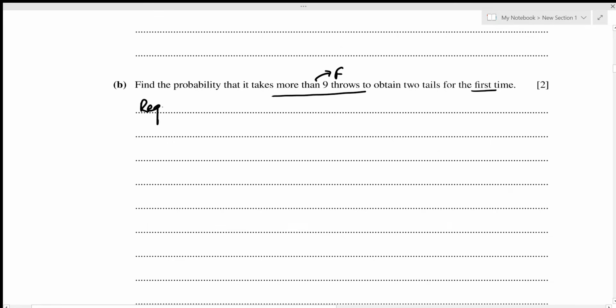So the required probability is just going to be that of the failures for the first 9 throws. And we already know that the probability of failure is going to be 3 by 4. So that's just 3 by 4 to the power 9, which gives us the required probability of 0.0751. This concludes the first question.